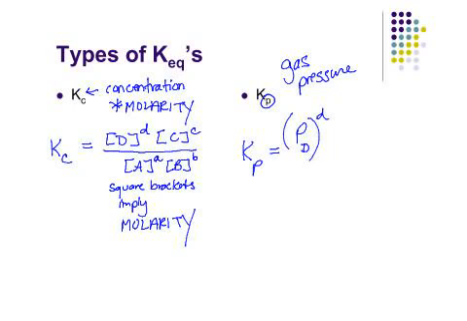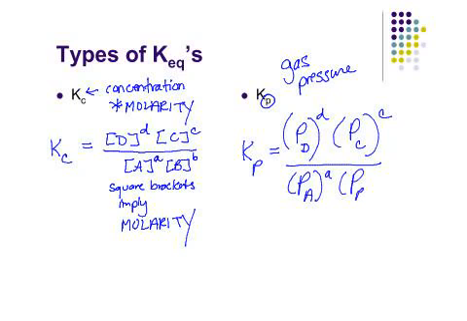But you don't use square brackets, guys. It's a convention, but you do want to pay attention to that. So you would write parentheses around P, whatever gas it is, raised to its power, and so on. But mathematically, these work in the same way. Products over reactants, you raise it to the coefficient, and so on.